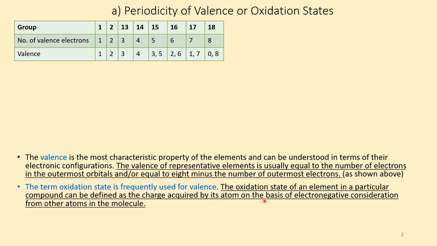The oxidation state of an element in a particular compound can be defined as the charge acquired by its atom on the basis of electronegative consideration from other atoms in the molecule.